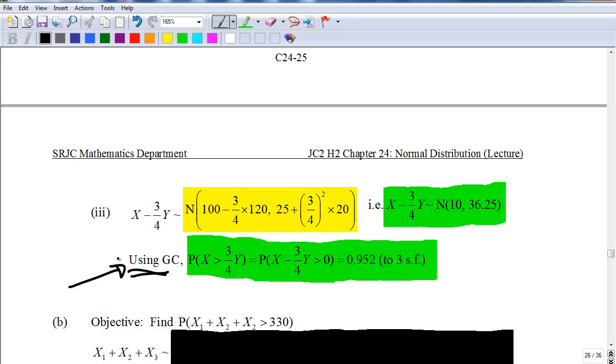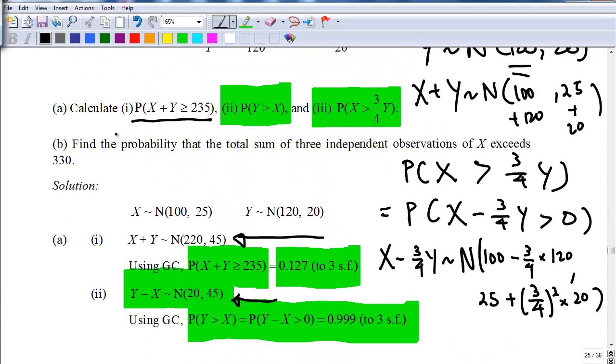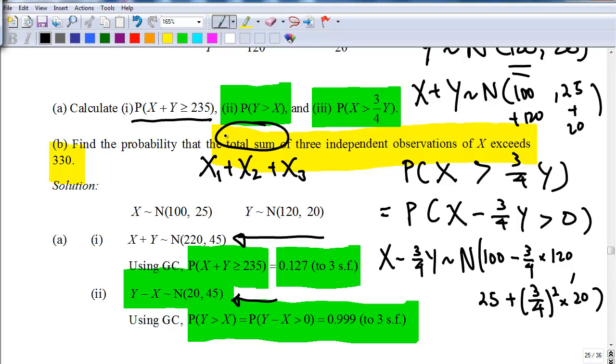Now, in B, okay, there's a part B to this question. Now, part B says you want to find the probability that the total sum of 3 independent observations of X exceeds 330. Okay, so in other words, what they are saying is this: X1 plus X2 plus X3, total sum of 3 independent observations of X must exceed 330.